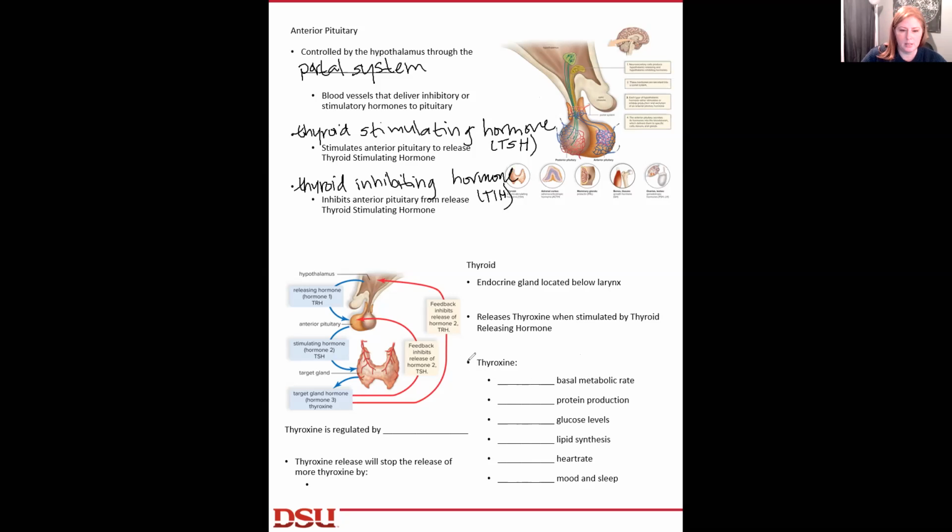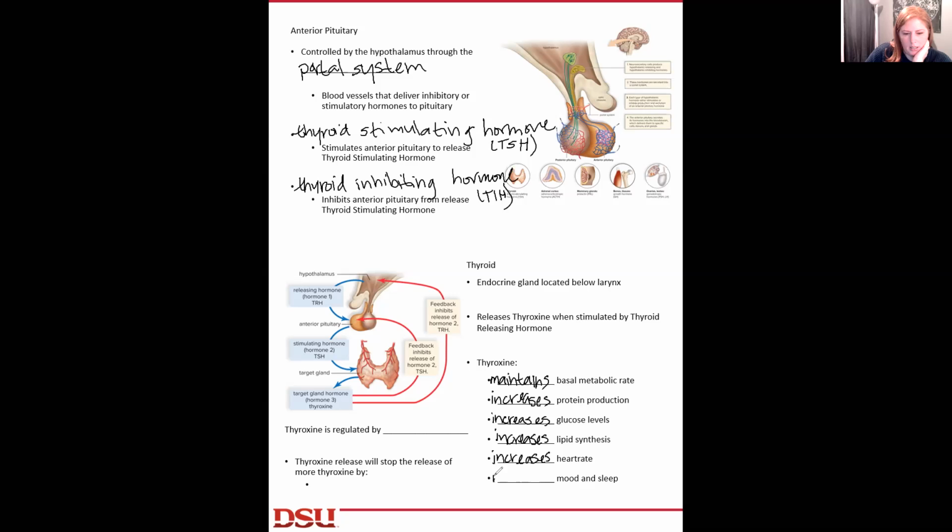Okay, so what does thyroxine do? I went over some of them, but we'll fill it out. It maintains your basal metabolic rate. It increases protein production. It increases glucose levels when needed. It increases lipid synthesis and the heart rate.